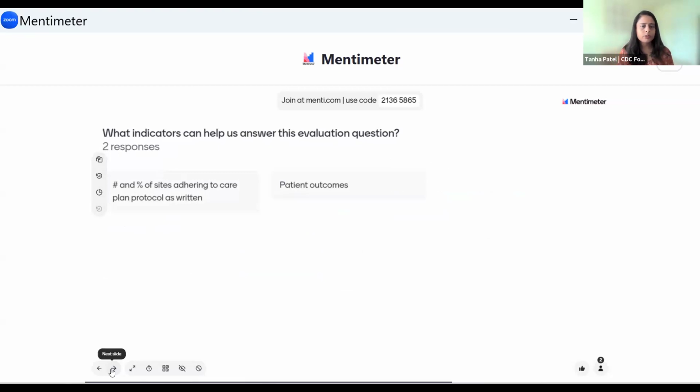Patient outcomes, yep. Number and percentage of patients who have care plans with goals completed. That's a good one. Others.